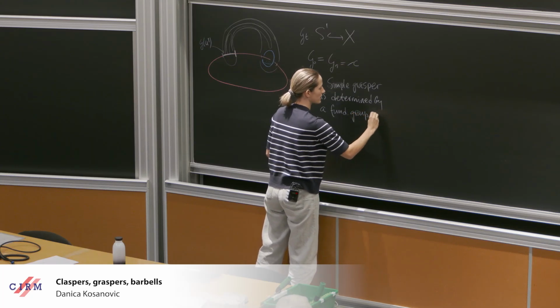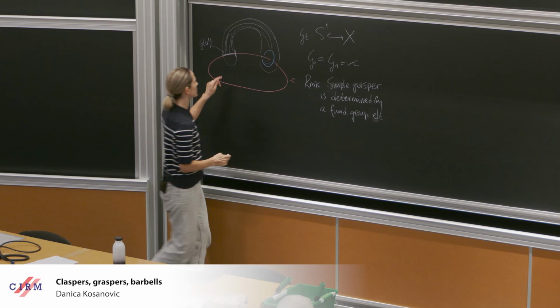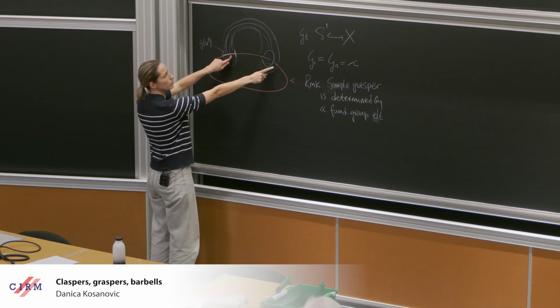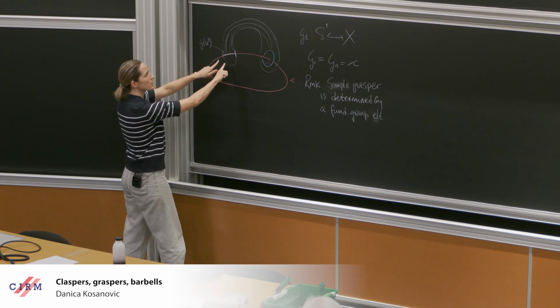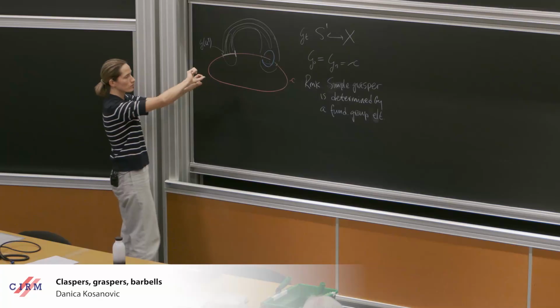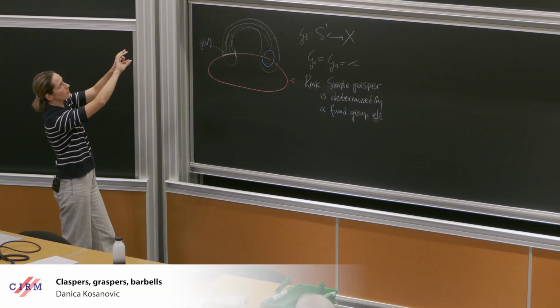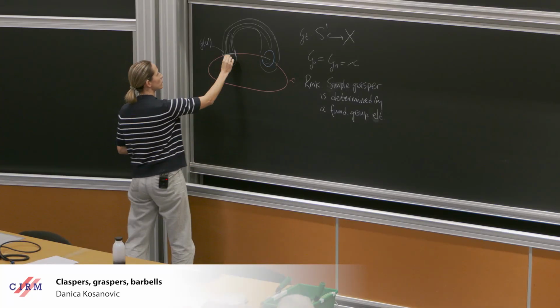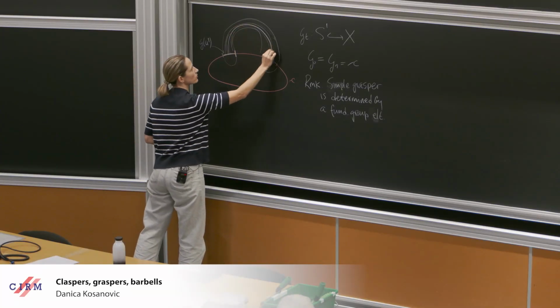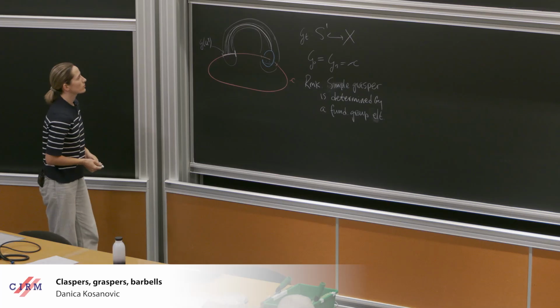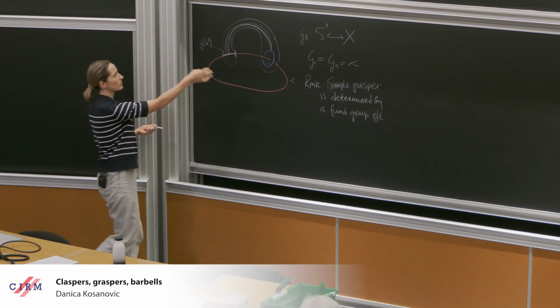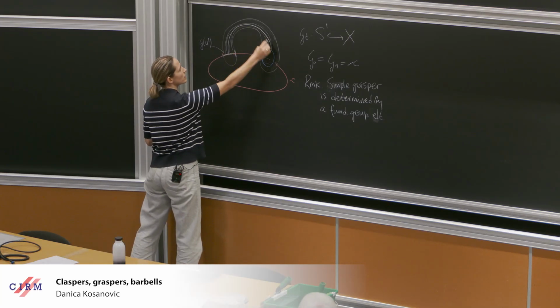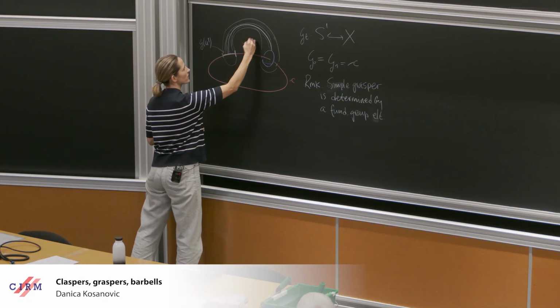What I mean by this is I already fixed two things, that U1 and U2 need to go here. So I just need to, up to retracting this ball to somehow its skeleton of what we're doing, we're just choosing basically an arc here that connects these two. So you can think of it, the Grasper is just a thickening of this. And then the only really choice that you have is this fundamental group element here.